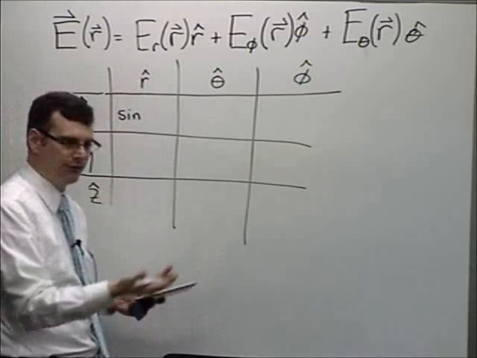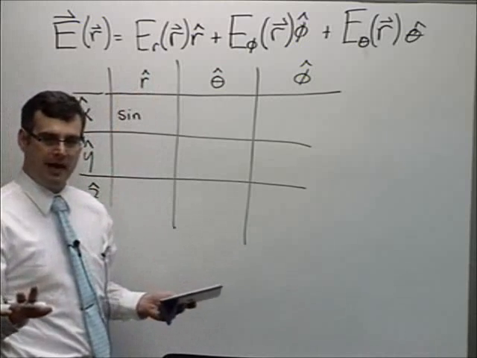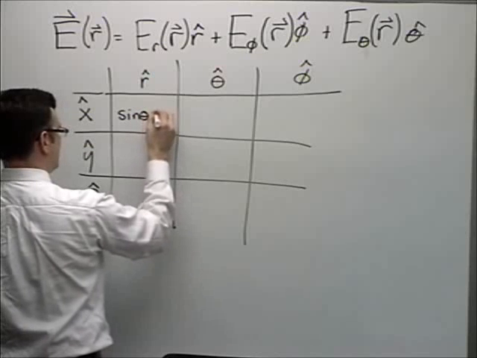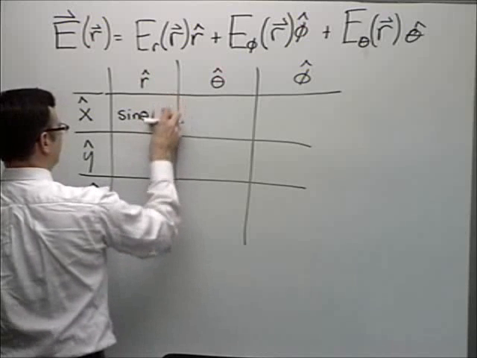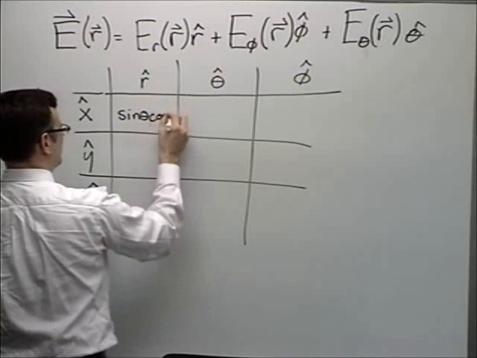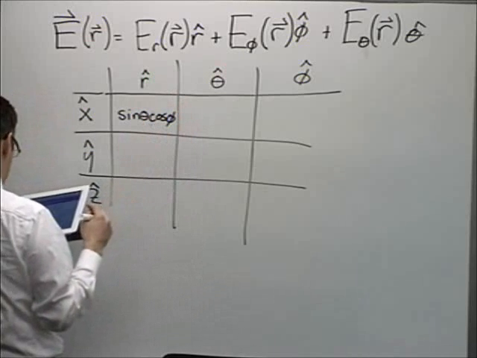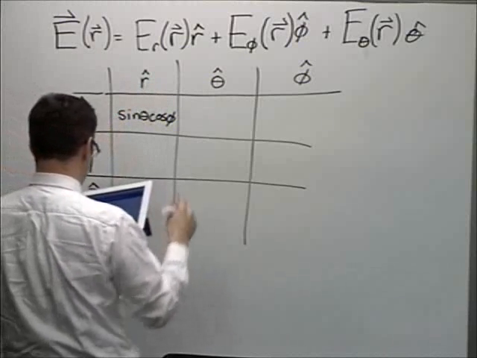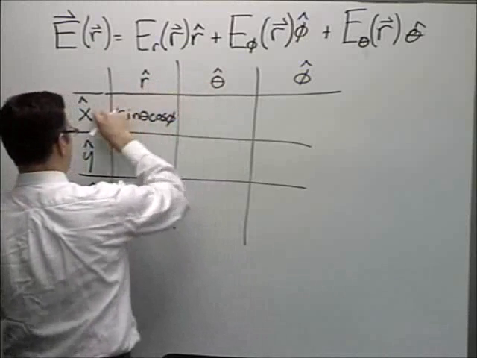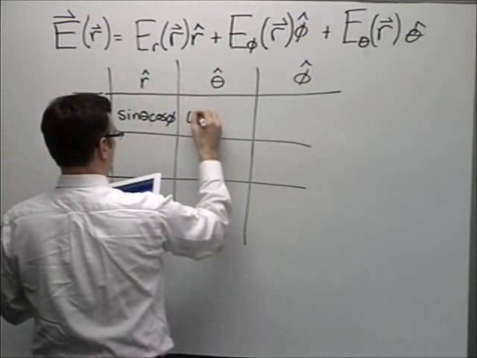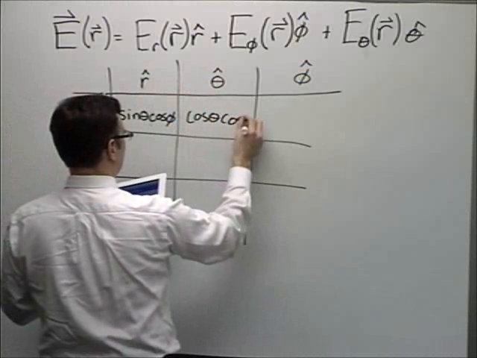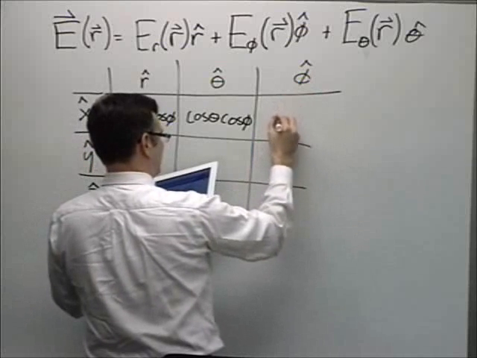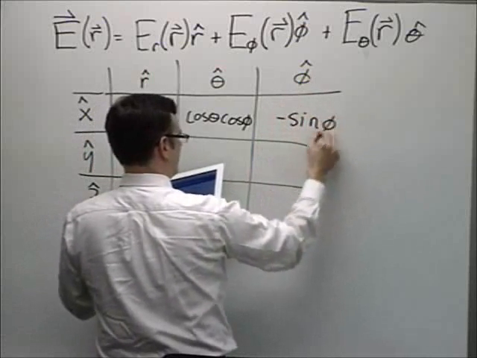And somebody has gone through ahead of time and done all of the math for you so that you can say that sine theta cosine of phi is the dot product of r hat and x hat. Theta hat and x hat is cosine theta cosine phi. And that dot product with the x hat is minus sine phi.